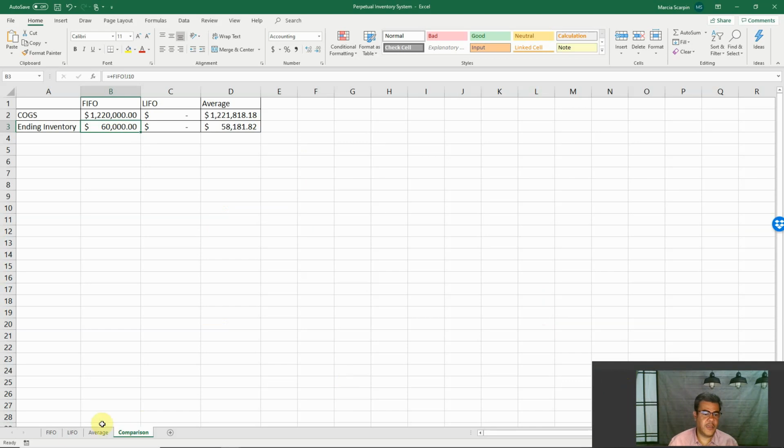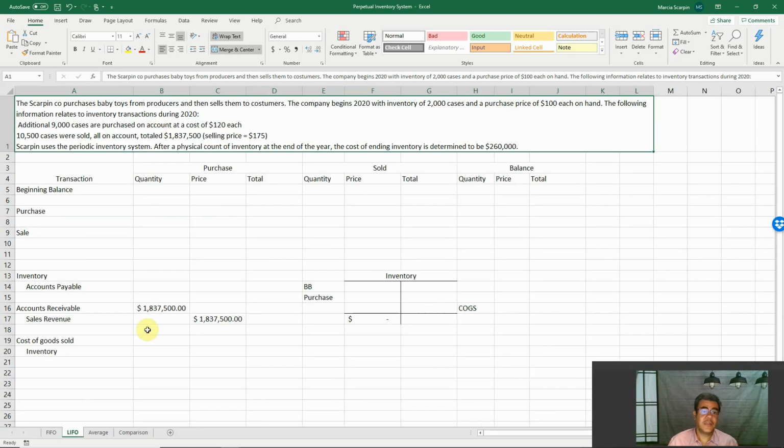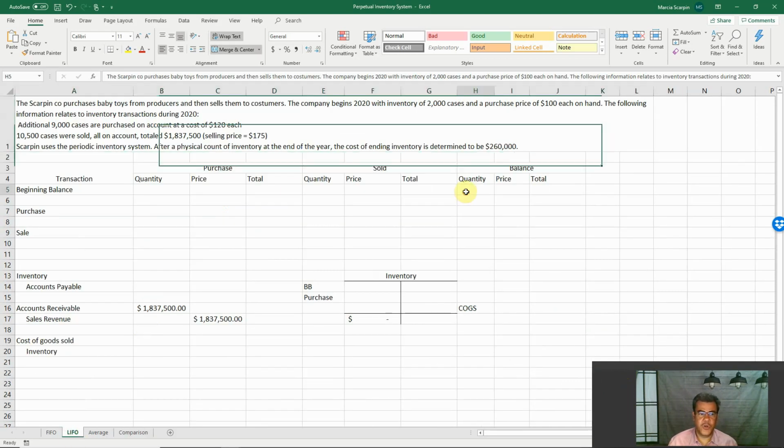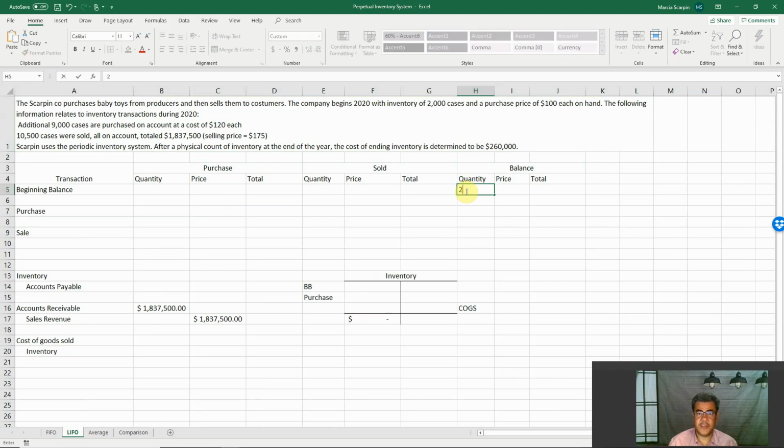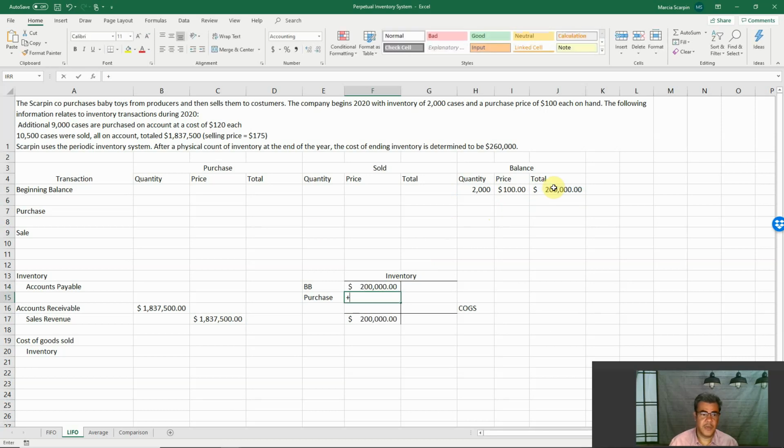Oh, let's go back here. LIFO. Same numbers, so the beginning balance will be the same, 2,000, 100, 200,000. That is our beginning balance here. Our purchase, inventory here. Cost of goods sold is the inventory there. Purchase, also the same.